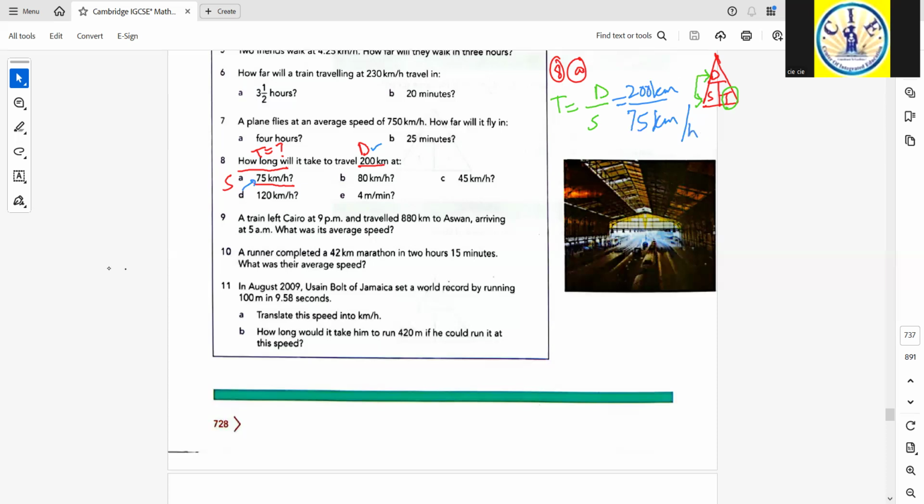Now we can easily cancel them out. Kilometer gets cancelled out, and we just need to divide 200 by 750, which is 0.26667.